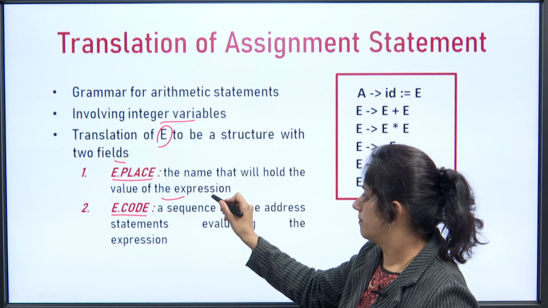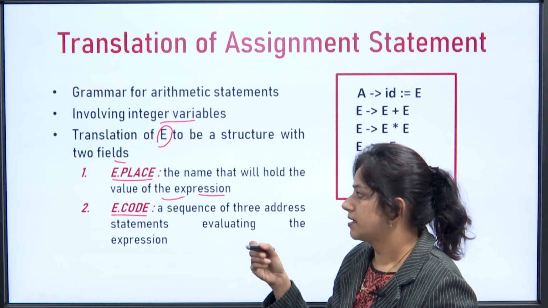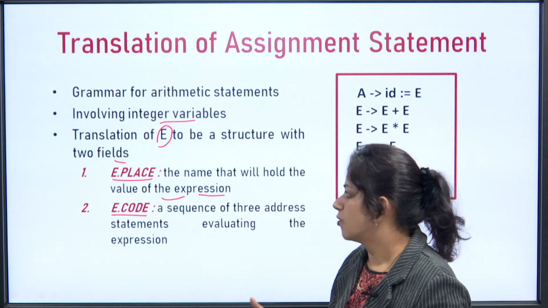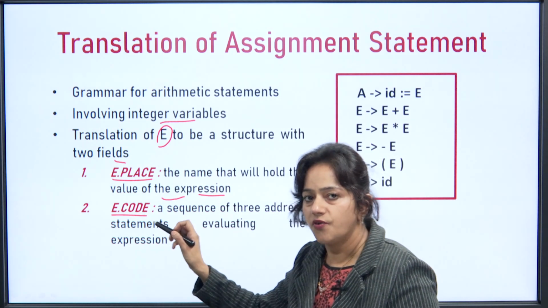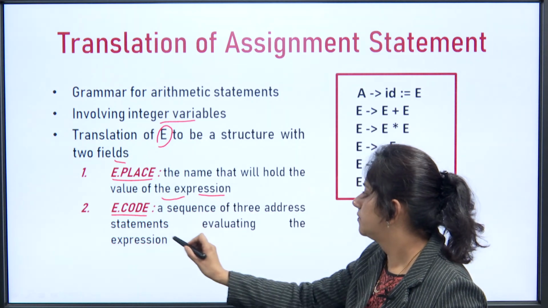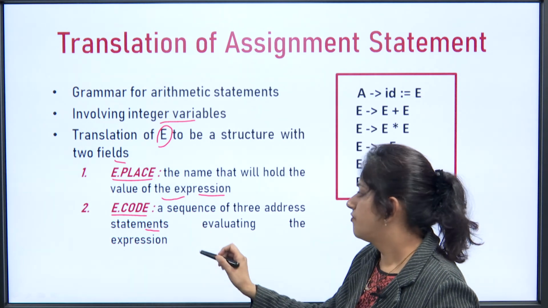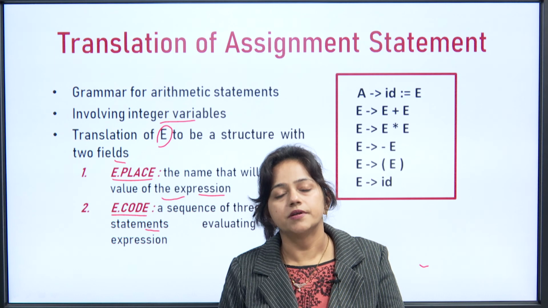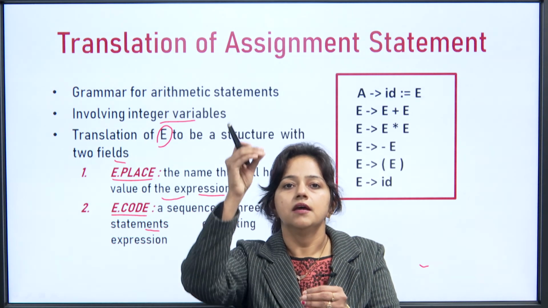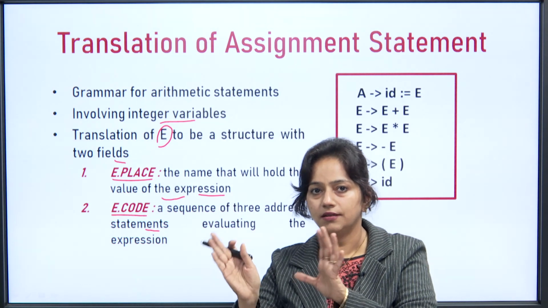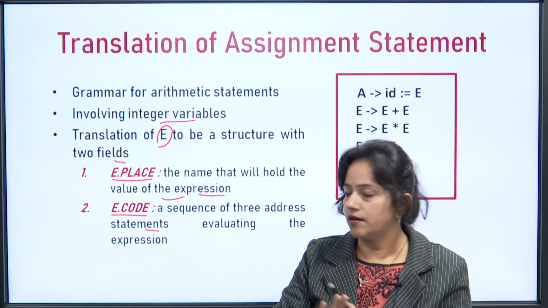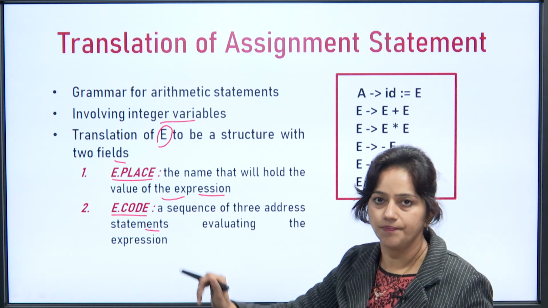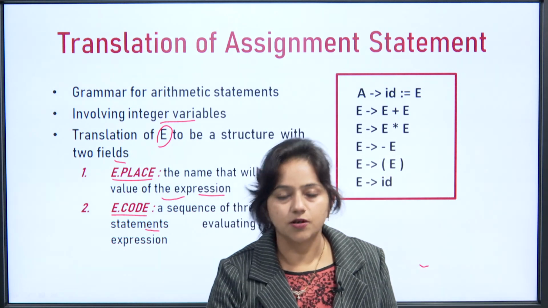We compute some expression and it holds the value, just like a holder. Now, what is E.code? It is a sequence of three address statements evaluating the particular expression. For evaluating a particular expression, there will be a certain sequence of statements written under E.code. So there are 2 translations for E: E.place and E.code.